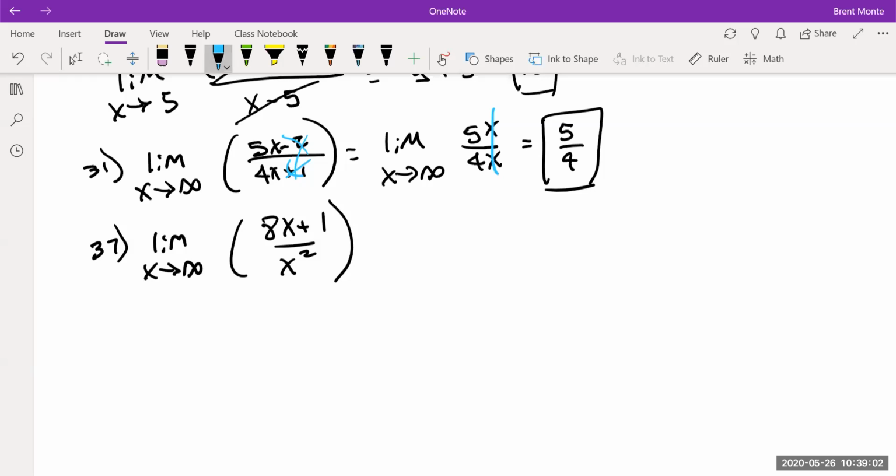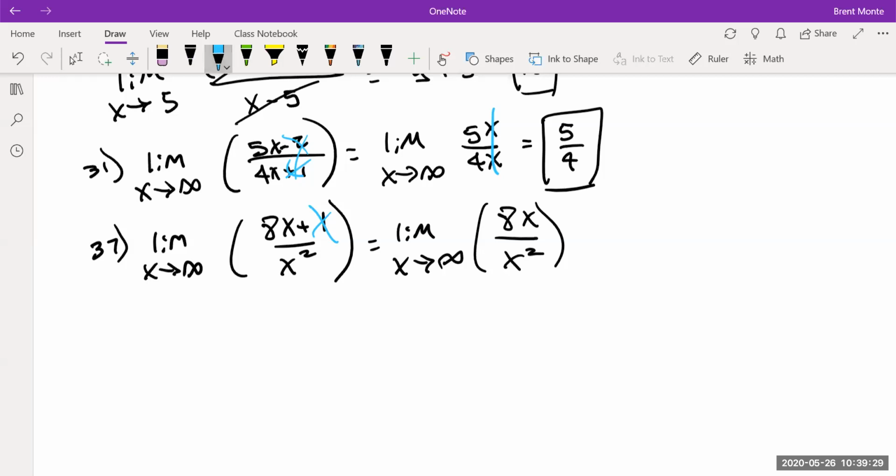Again, this plus 1 doesn't really matter. Now, in general, I can't cross out those things that aren't the highest power except when x is going to infinity. If x is going to some number, that plus 1 matters. But as x goes to infinity, it does not. So what this problem becomes is the limit as x approaches infinity of 8x over x squared.